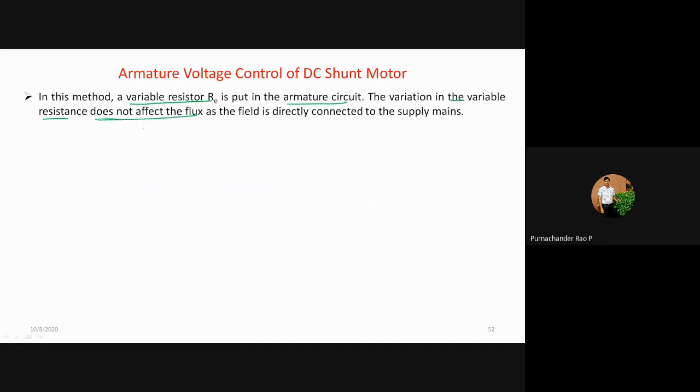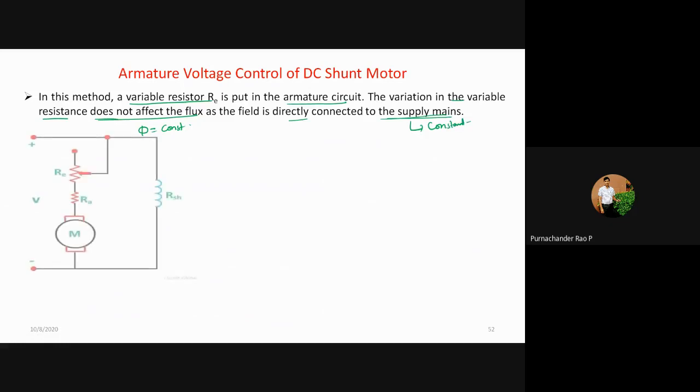That means your flux we are keeping as a constant. The flux is kept constant, and this is directly connected across the supply mains. So supply mains is also constant. I'm not going to change any supply voltage, and therefore this is the circuit we use for the armature voltage control method.